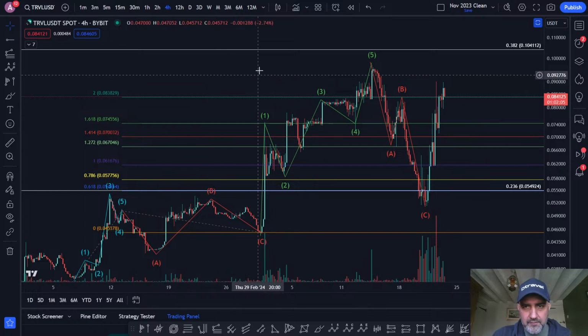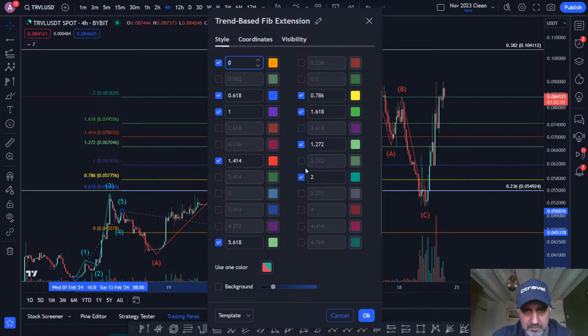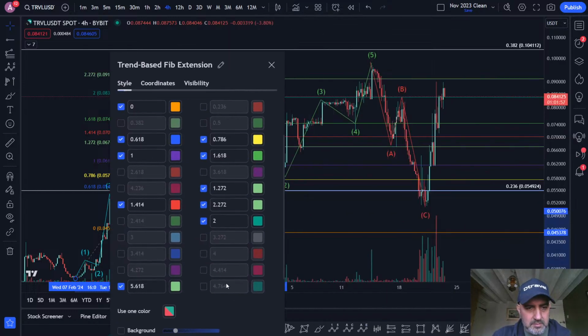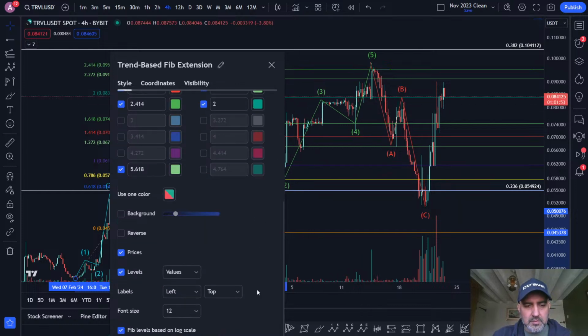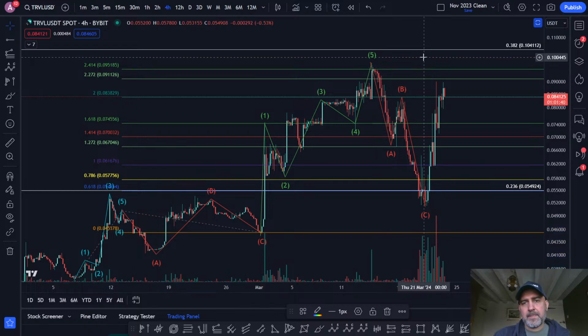Okay, and how far does it go? Let me just add these. You see how it goes to there? So the 3 goes from the 0 all the way to the 2.414.